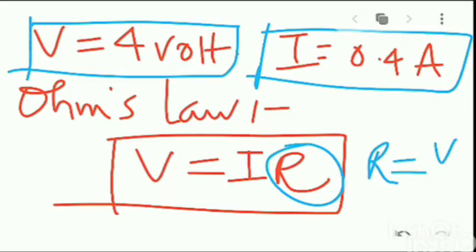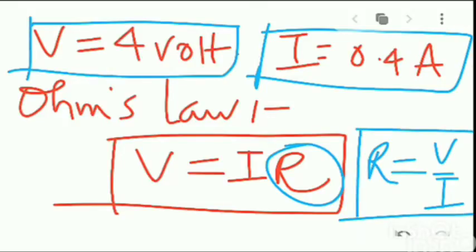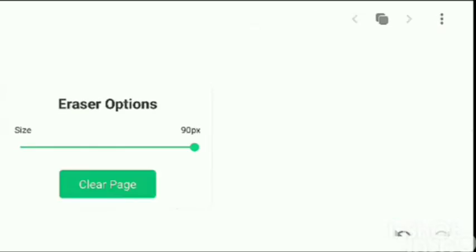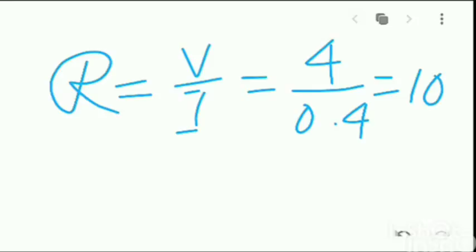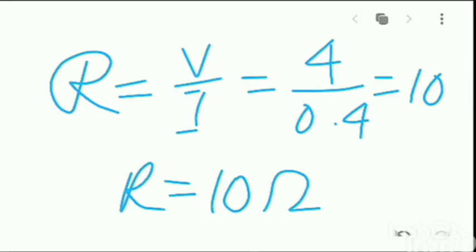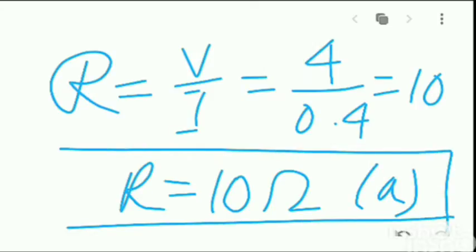R equals V by I. So let's solve it. The voltage is 4, current is 0.4, hence the value is 10. So the total resistance of the circuit is 10 ohms. This is the answer of part A of the question, what is the total resistance. Clear?